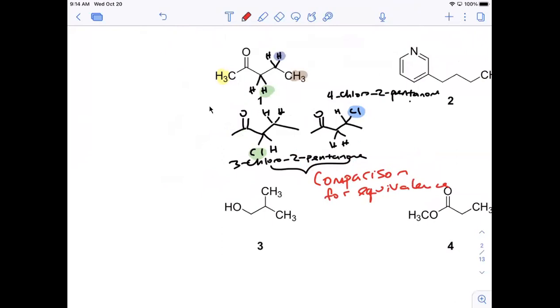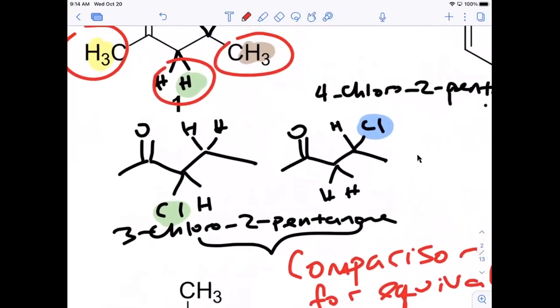How many non-equivalent protons are there in that molecule, or how many sets? Two sets. What about the protons here and here? She was talking about the one on the bottom. Yeah, so when I say set, now I mean the protons that are on the same carbon. So the two that are on this carbon right here.